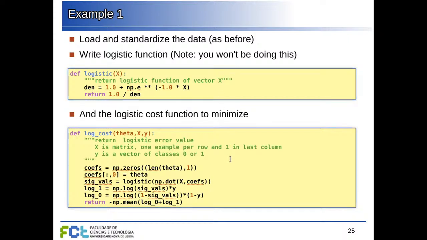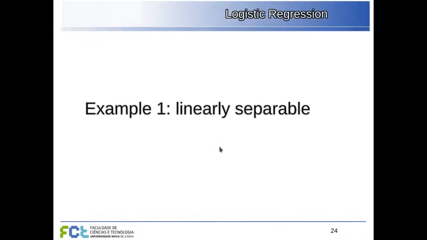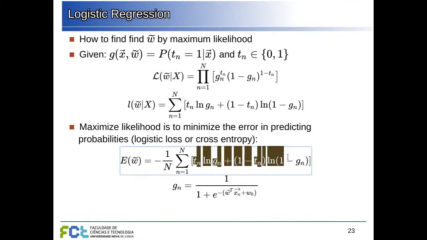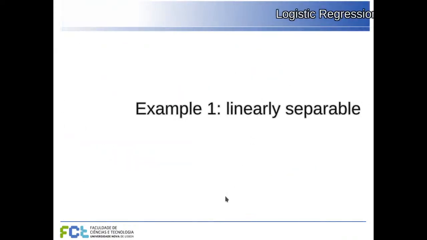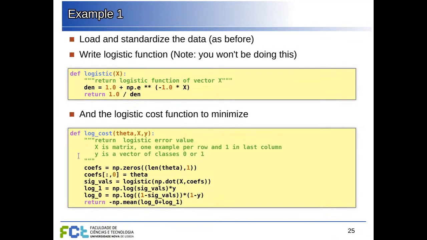Now we need the cost function to minimize, which is this one here, the logistic loss. So what we can do is we receive a set of coefficients here in this theta. We just change this to a column like we did before, so that we can compute this dot product here.